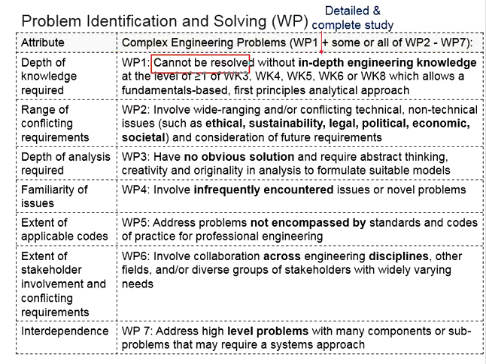Cannot be resolved without in-depth engineering knowledge at the level of more than 1 of WK3, WK4, WK5, WK6 or WK8, which allows a fundamental based first principle analytical approach. This will be the compulsory part for the complex engineering problem.